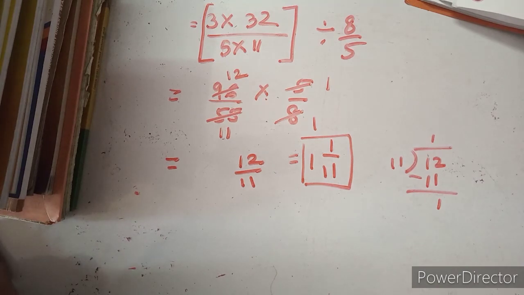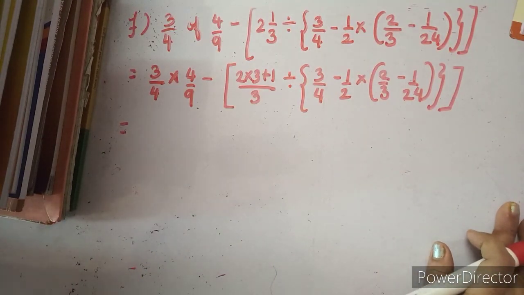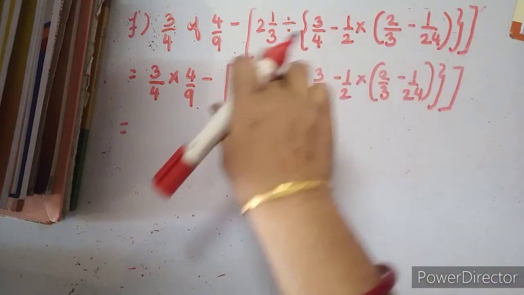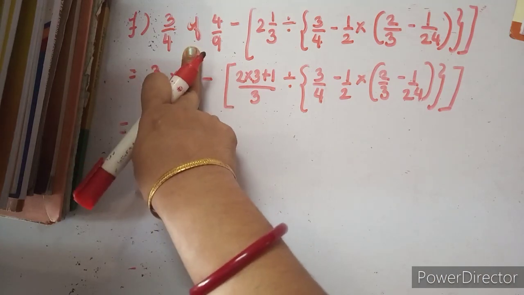So now I'll move to the F1. Now again in this problem you have three brackets, that is the first bracket, second bracket and third bracket, as well as you have the word of.